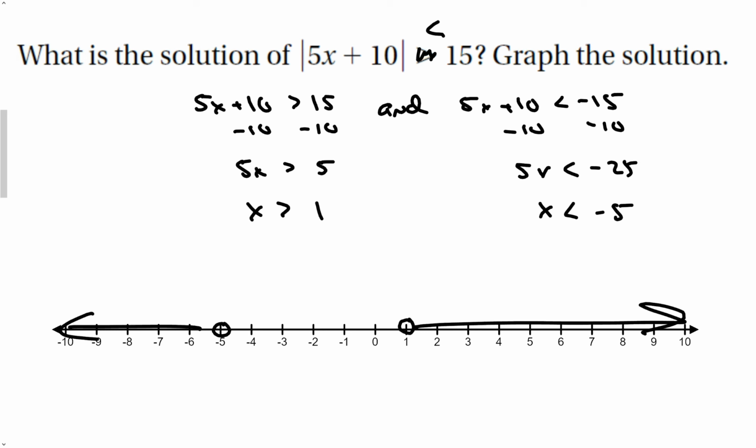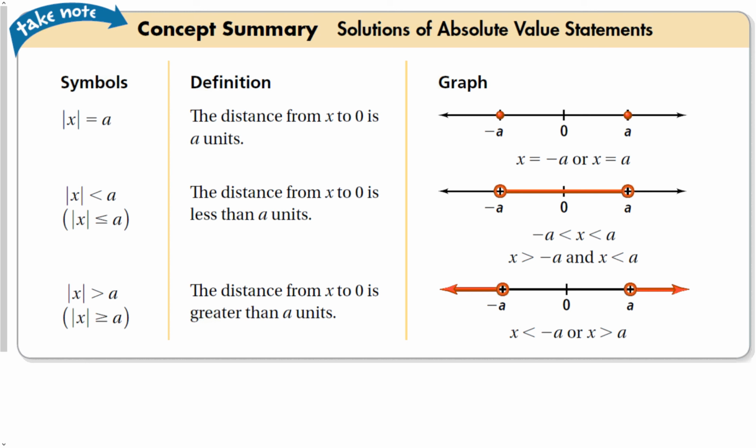Actually, let's think about that for a second. These two would flip this way. Yeah, okay, then the answer would just be right in the middle. I was trying to think of a way that we can turn this into an undefined solution, but that didn't work. So move on.